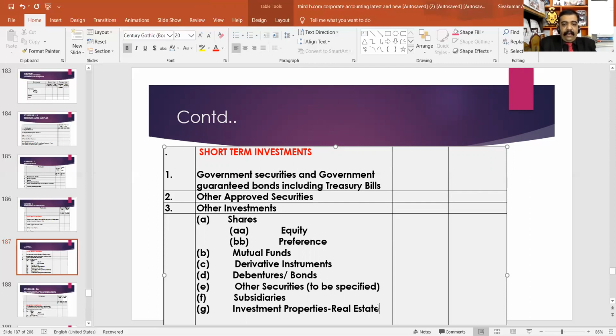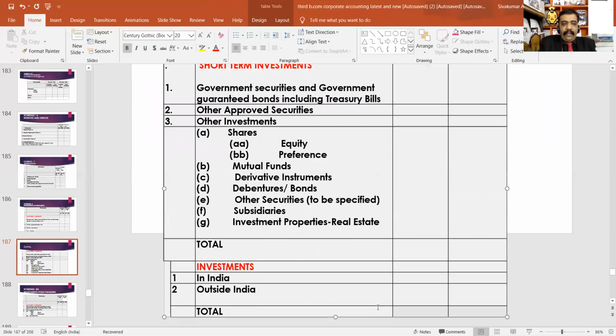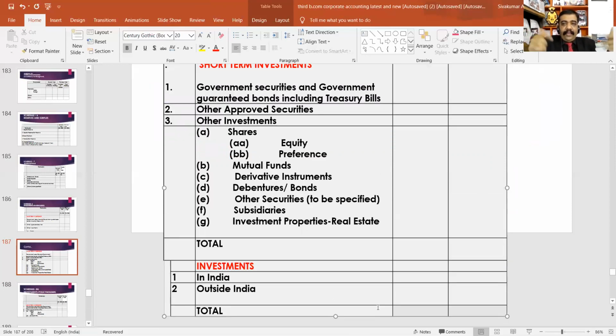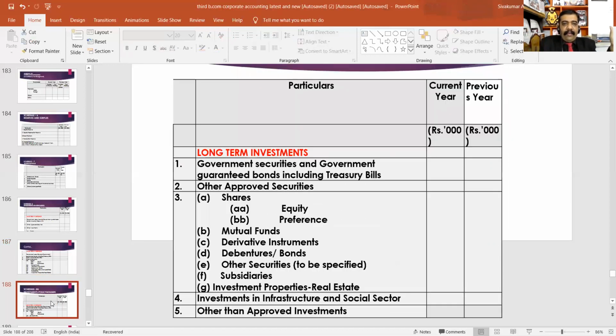Now you have to classify your total investment into two: investment in India and investment outside India. Now the schedule is over. Please total it. Likewise, you have to prepare another schedule, that is Schedule 8A.